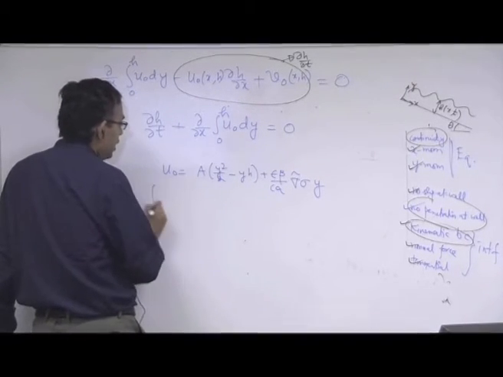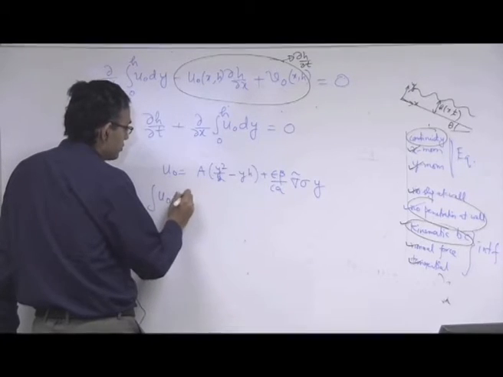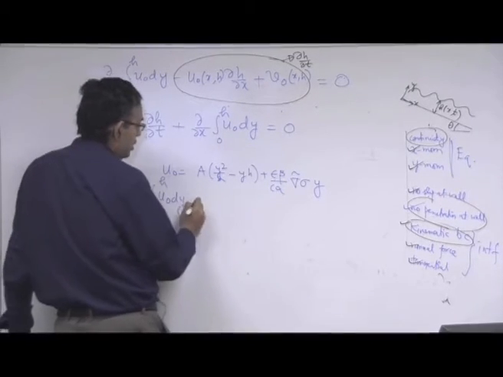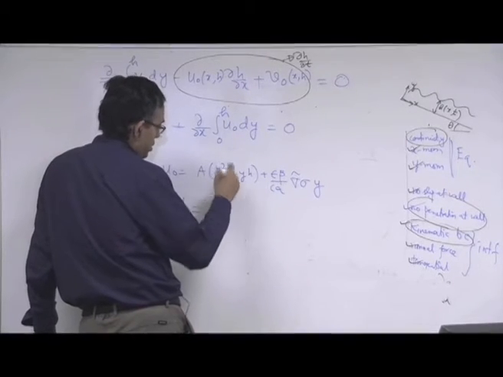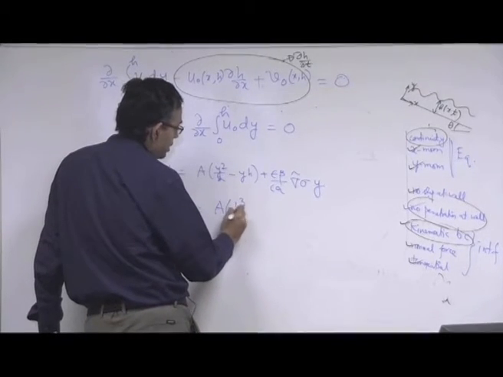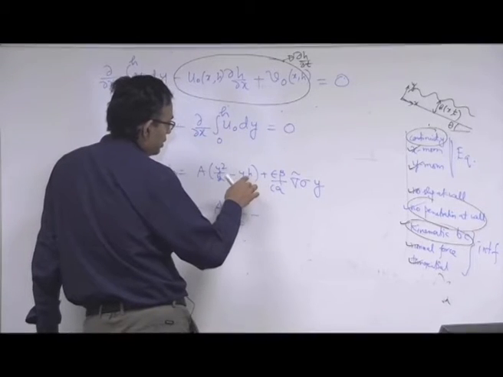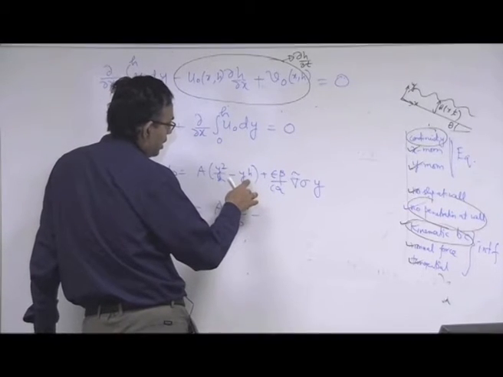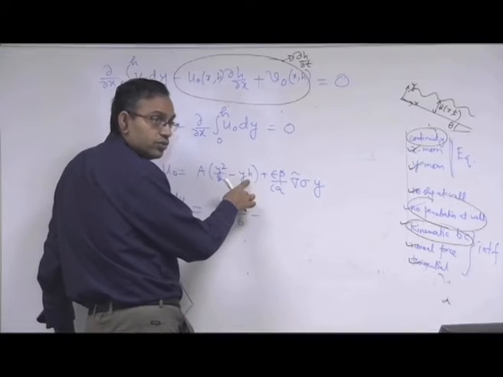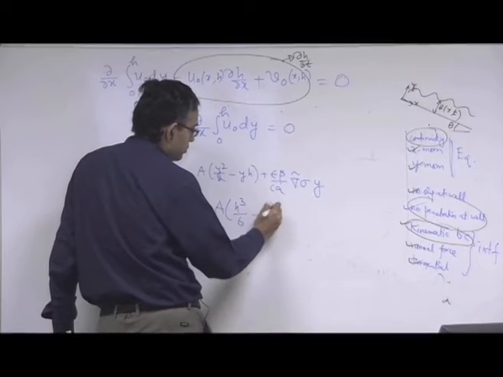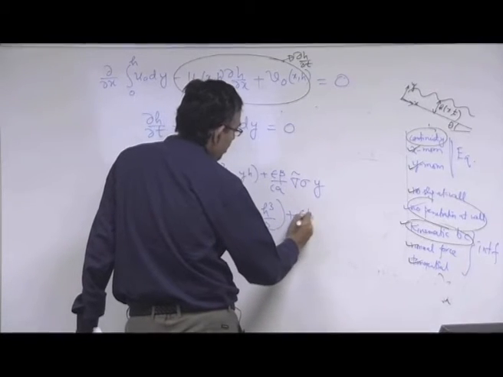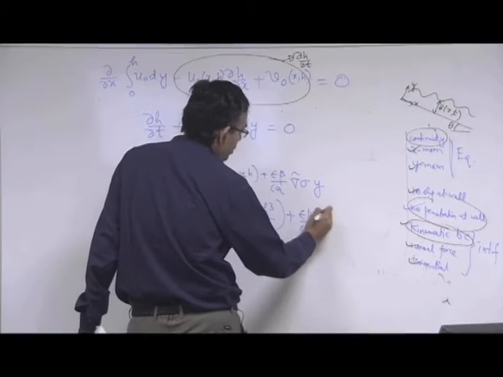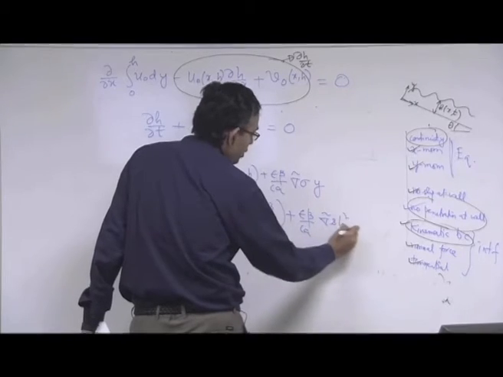So the integral of u0 dy from 0 to h is equal to A times (h³/6 minus h³/2), plus epsilon beta by capillary number times h²/2.